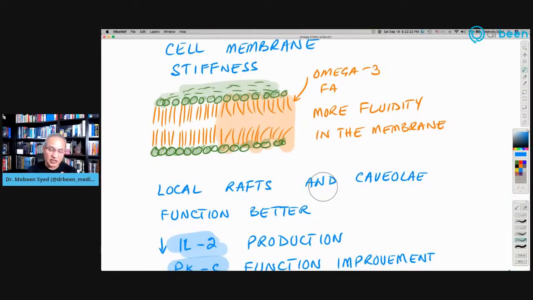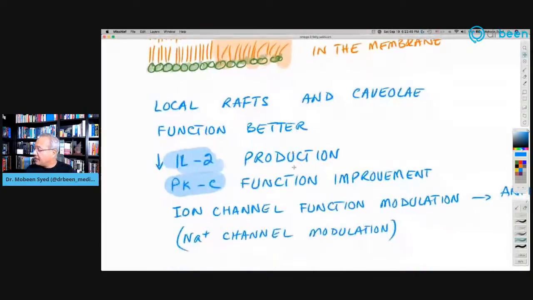These are caves. Similarly, in the blood-brain barrier, we saw that caveoli are used for the movement of some of the particles from the blood to the brain. So if caveoli are not functioning correctly, all of these things would have a negative effect. So local raft and caveolar function of the cell membrane needs to be correct, and that is done by omega-3.